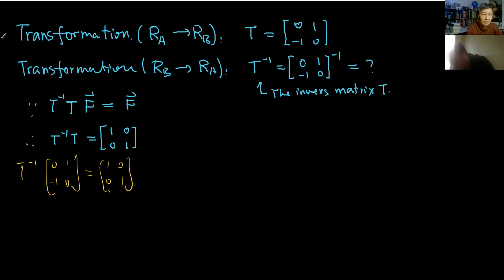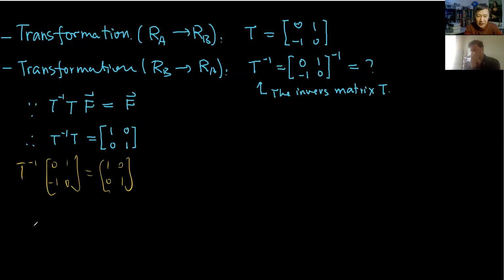I don't know how to put a matrix on the other side because you can't divide. Good question. If you know how to divide, you can solve this without further discussion. But it doesn't matter.